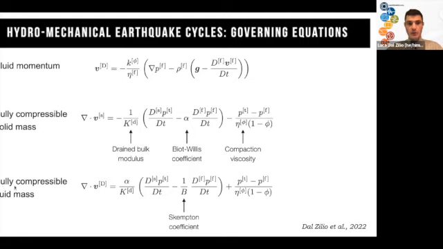And finally, we also solve for the fully compressible fluid mass, where we have the Skempton coefficient. In this way, we have a fully coupled system that is also fully compressible.